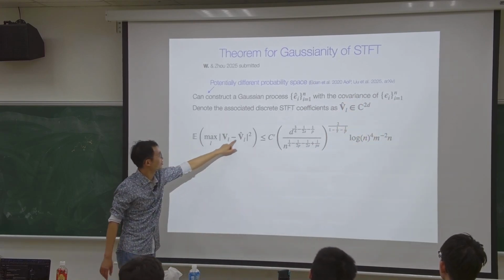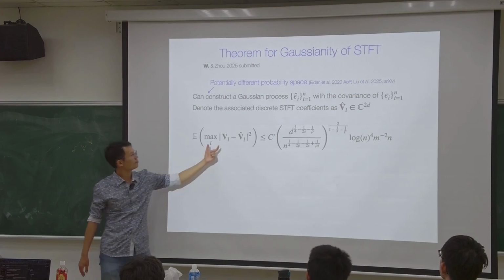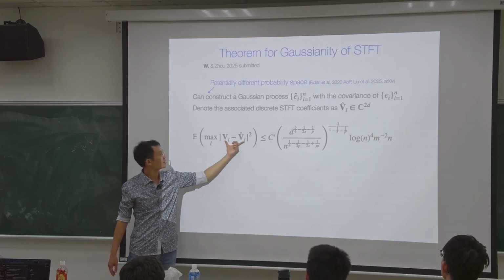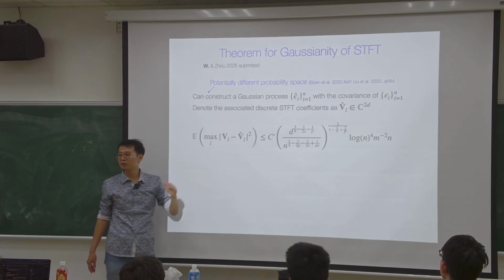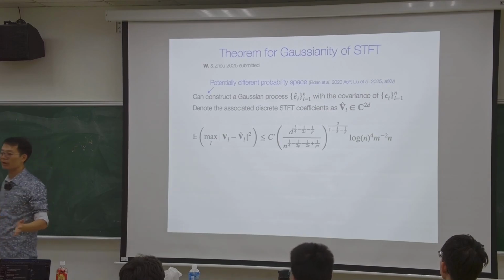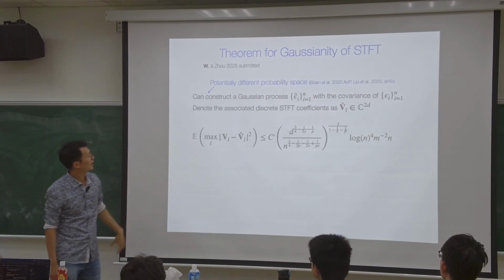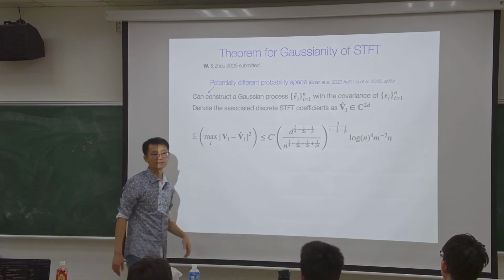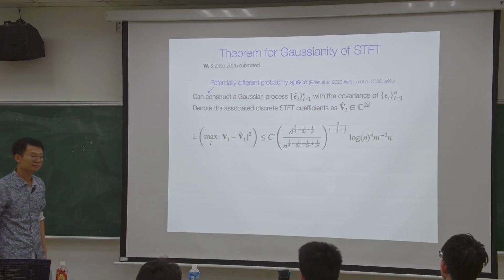And you can construct the same vector V_L, V hat. And now we can compare the difference between V and V hat, in L2 norm, and the max over all time. This is the max expectation, and you can view this as a kind of Dudley or maximal value theorem, an extreme value theorem from a random process perspective.